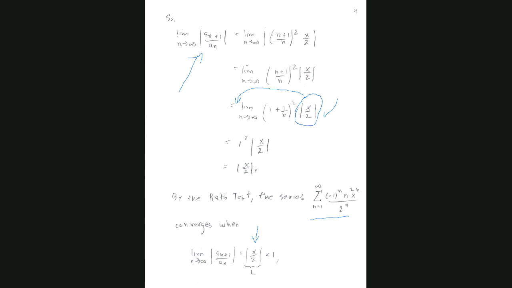Are there any questions so far? Geometric series converge when the absolute value of the common ratio is less than 1. As n gets large, our power series behaves like a geometric series with common ratio x over 2.